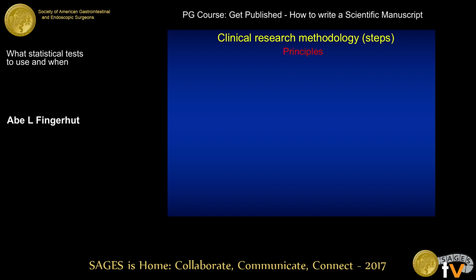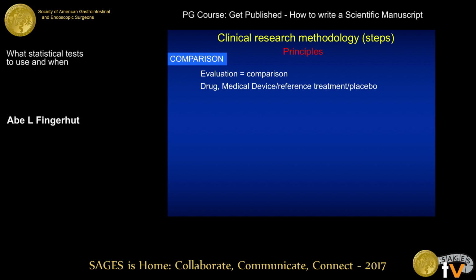Clinical research has specific steps in a methodology. You've heard in the beginning, in the types of studies, you have descriptive studies and you have analytic studies. Analytic studies are based on comparisons. You want to know if something is better, well, A is better than B. It can be a drug, a medical device, an operation, whatever.